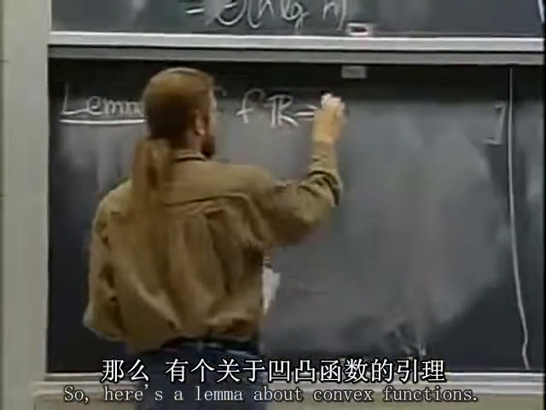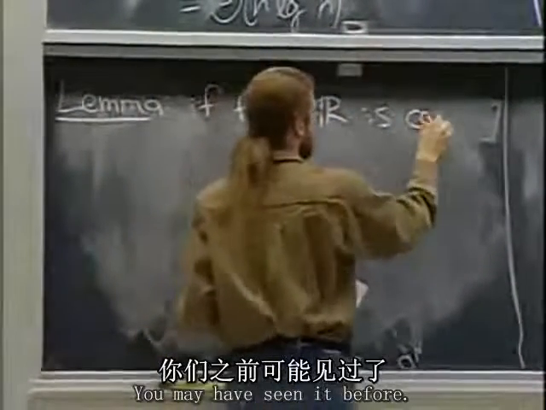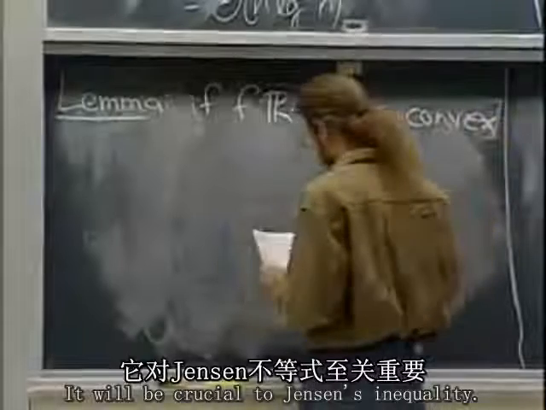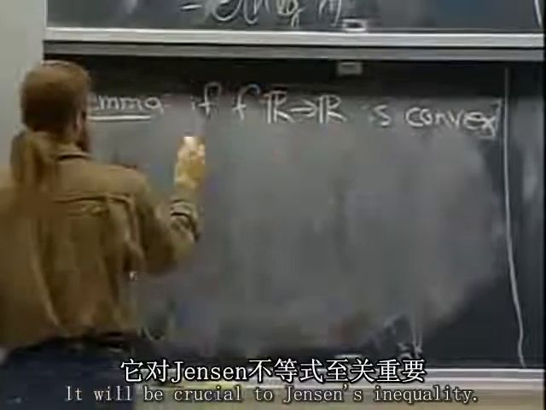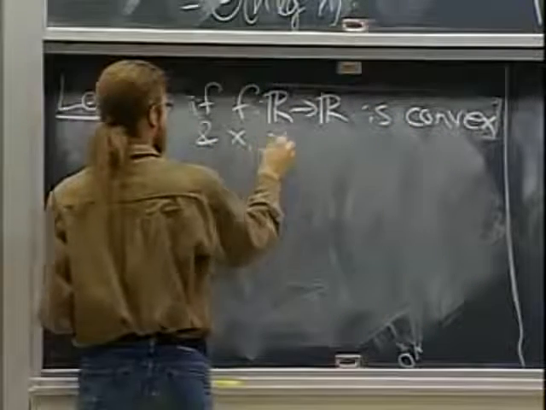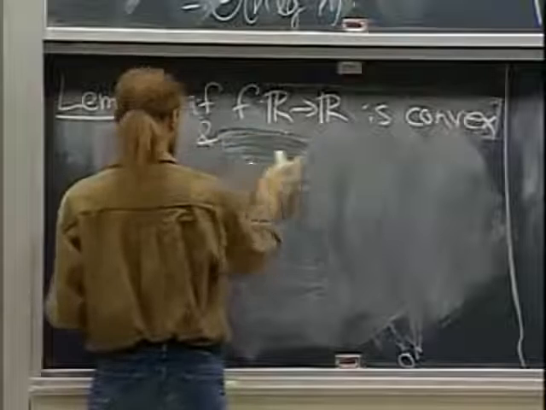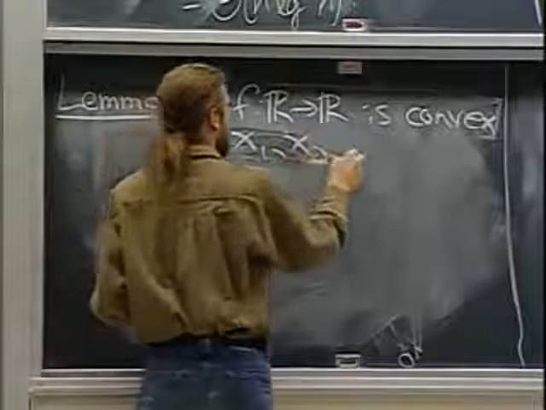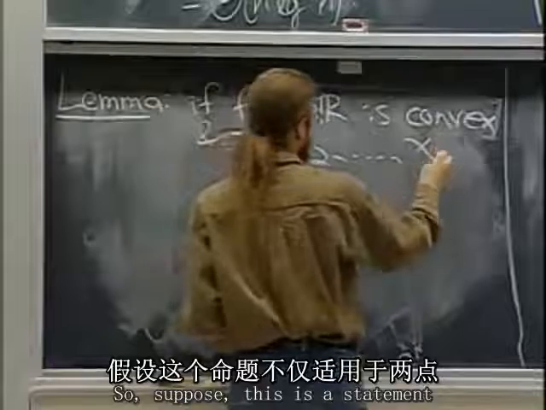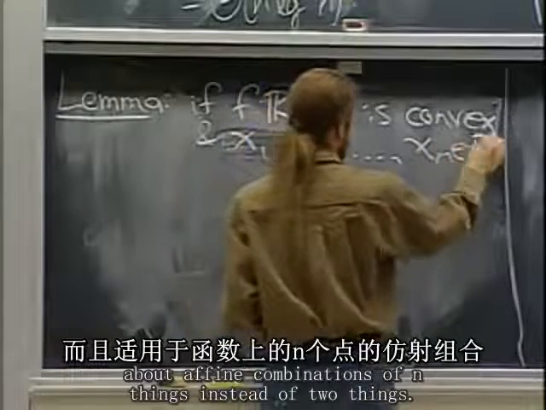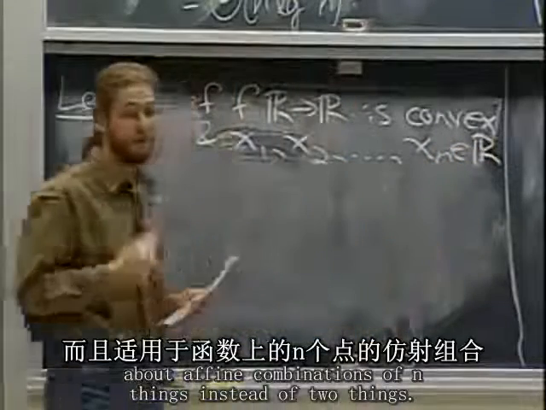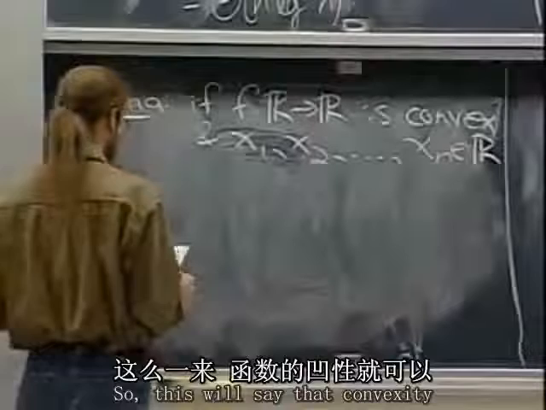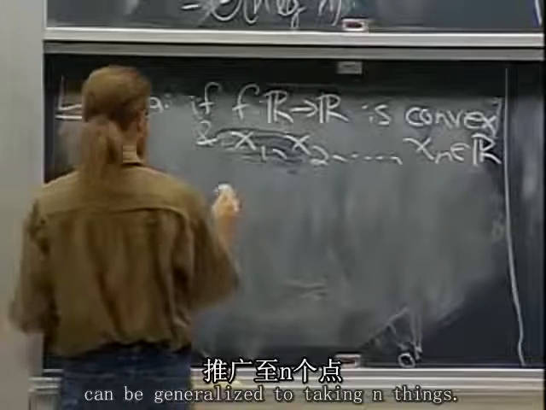You may have seen it before. It will be crucial to Jensen's inequality. So this is a statement about affine combinations of n things instead of 2 things. So this will say that convexity can be generalized to taking n things.